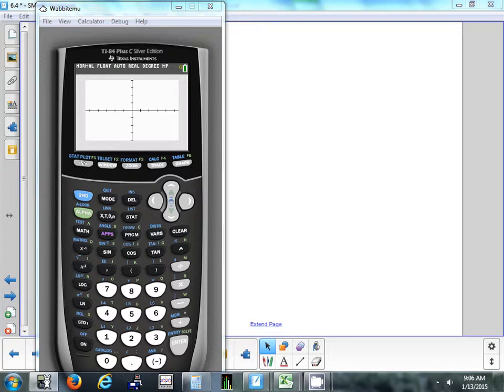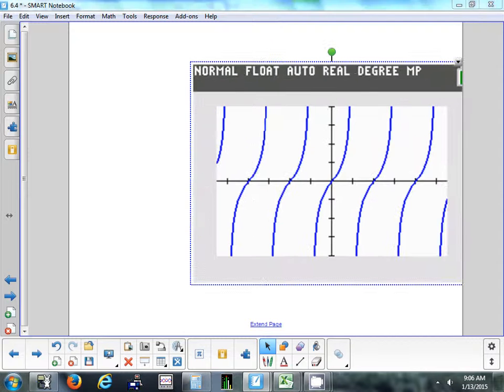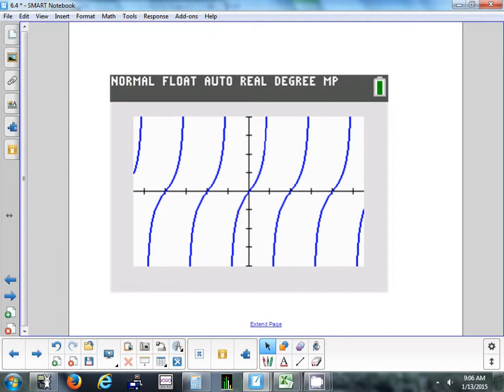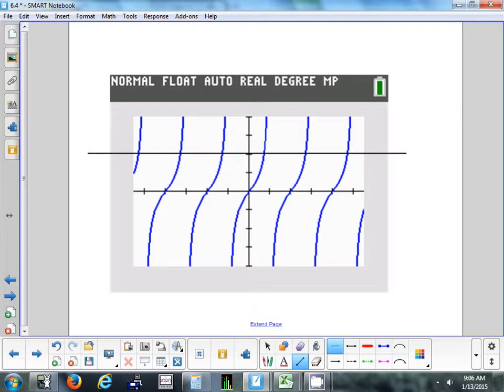So let me put my graph of tangent back up. Or cotangent, I guess it didn't matter. Okay, so here's my graph of tangent. And imagine putting in a horizontal line, anywhere.